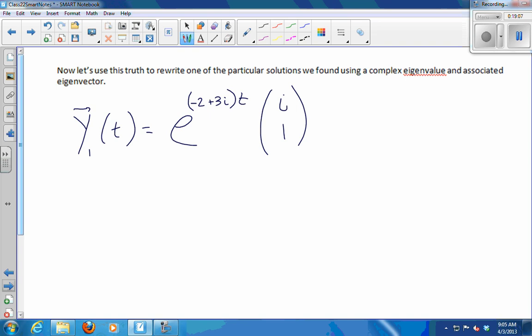Instead of having e to a complex number, this is going to be e to the -2t plus 3ti, just distributing the t.